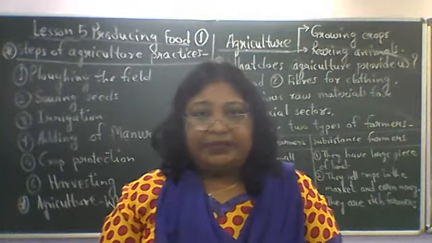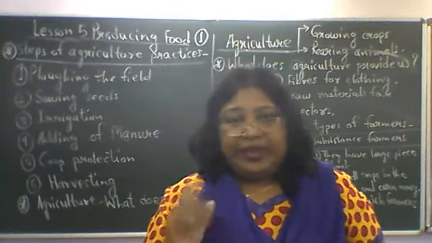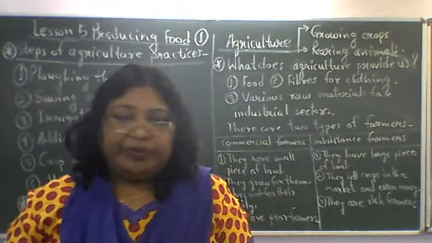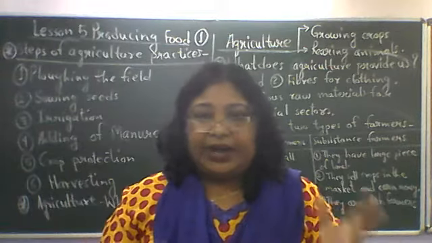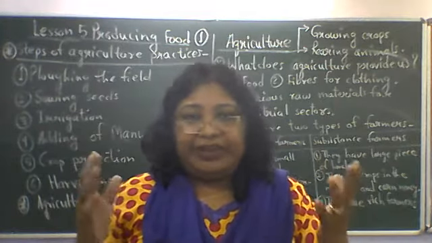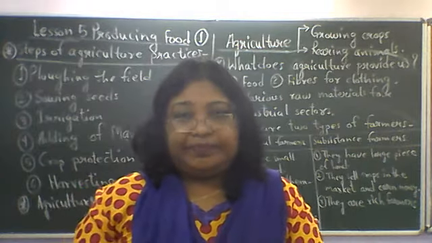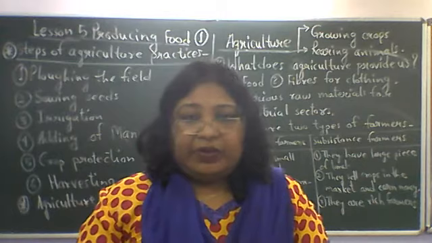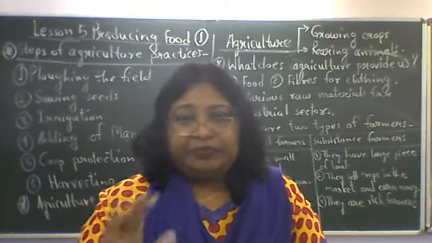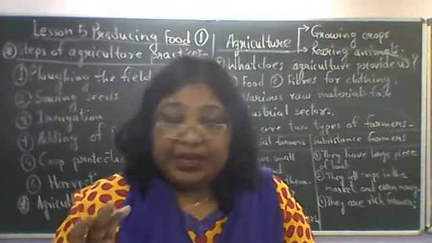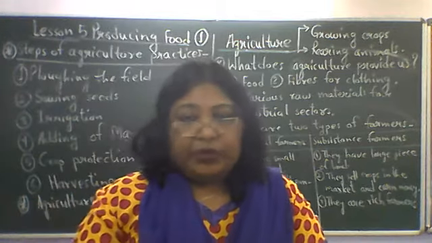Number 1 is plowing the field. Plowing the field is very important before you grow the crop. Unless your field is ready, how will you grow seeds in your field? So it is necessary to first keep your field ready.